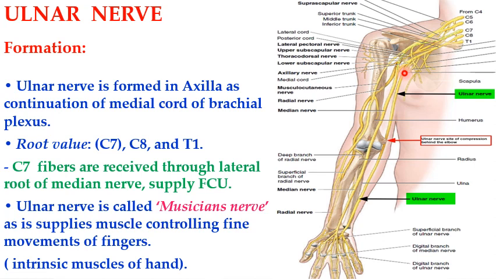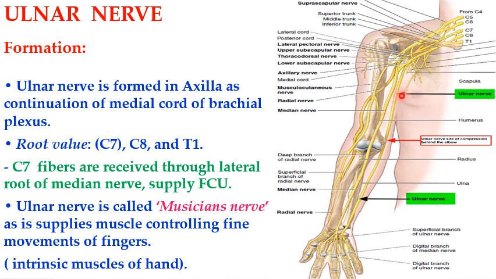medial cord. But a point to be noted here is few of the fibers from C7 are carried along the lateral cord, then the lateral root of the median nerve, and by a communicating branch are communicated to the ulnar nerve, where the fibers of C7 supply only the flexor carpi ulnaris.